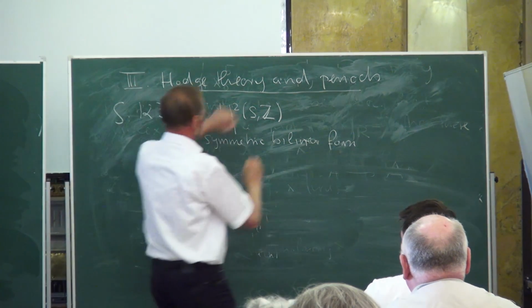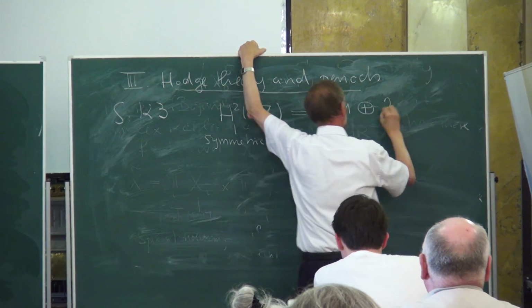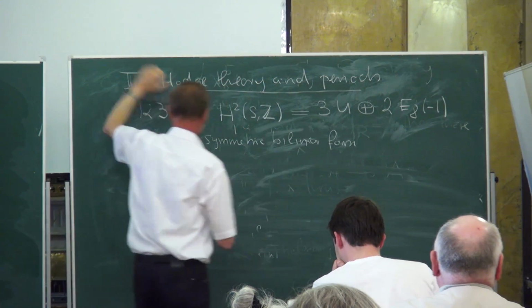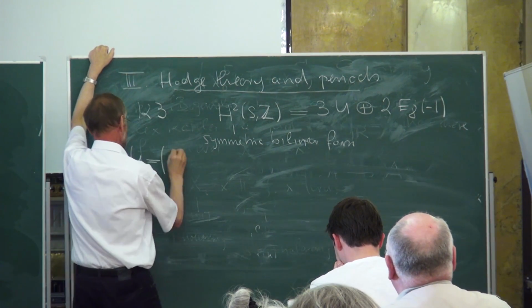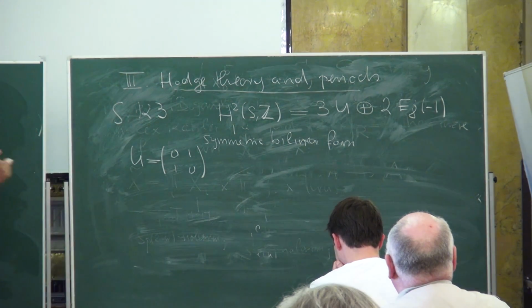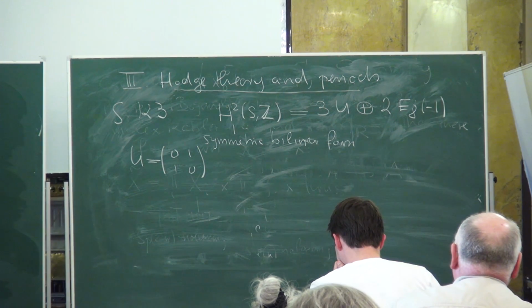And the lattice which we get here is the same for all K3 surfaces. It is 3 copies of U. So U is the lattice given by this intersection form. So 2 generators, e squared equals f squared equals 0, and e.f is 1.